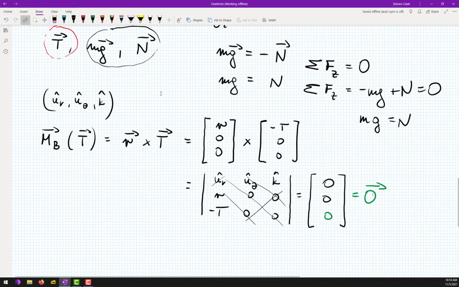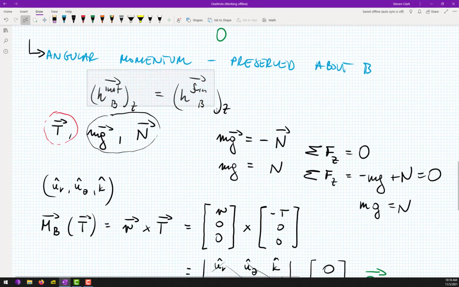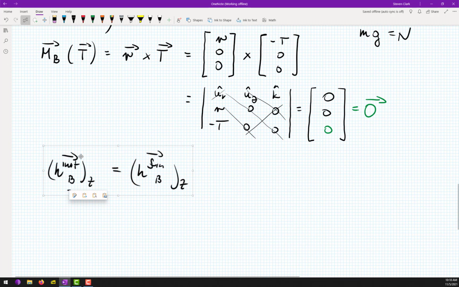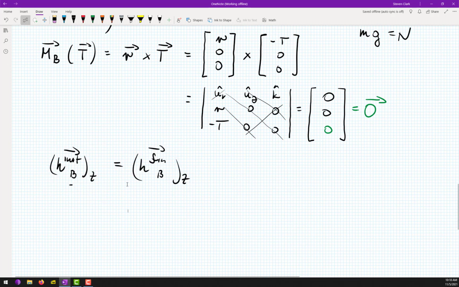Okay, so now let's go back to this equation. We just showed that this equation is true. And now, by definition, our H is equal to R times MV, right?